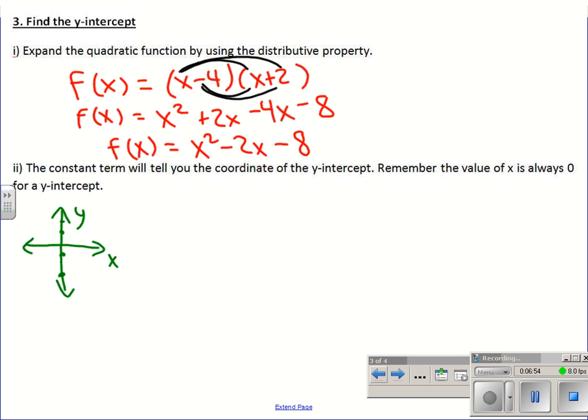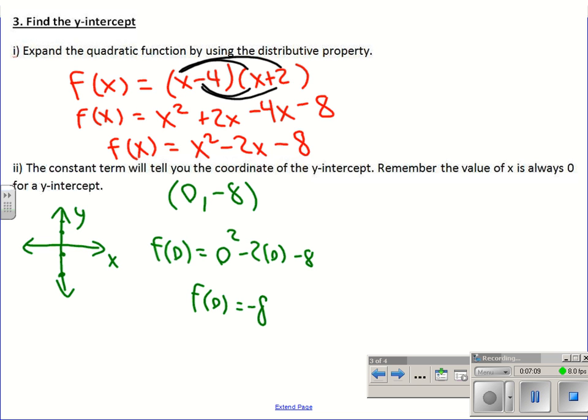Right, so the y-intercept is going to be (0, negative 8). Because if I put 0 in for x, I get 0 squared minus 2 times 0 minus 8, which is negative 8. Or you can just look at the constant term, the last term here, and see that it's negative 8. So the y-intercept has to happen at (0, negative 8).